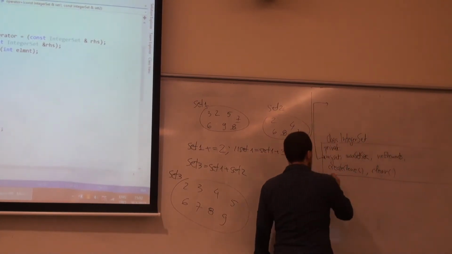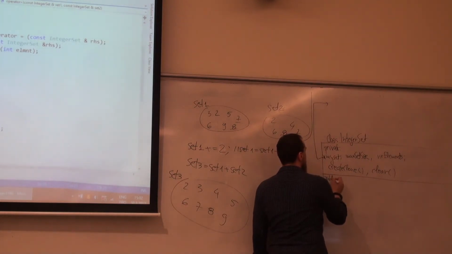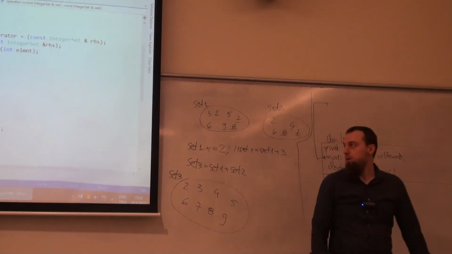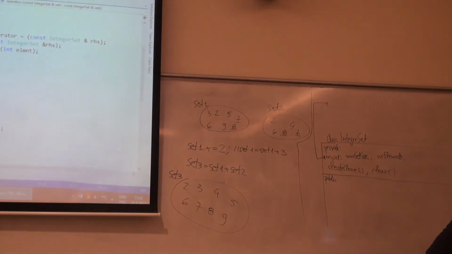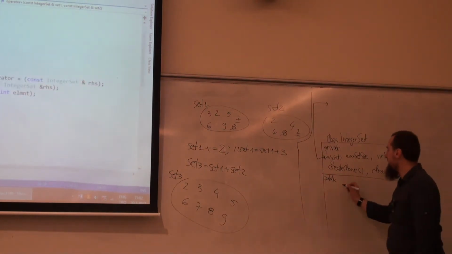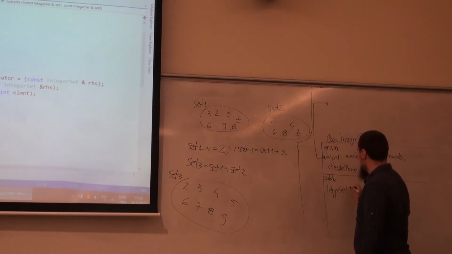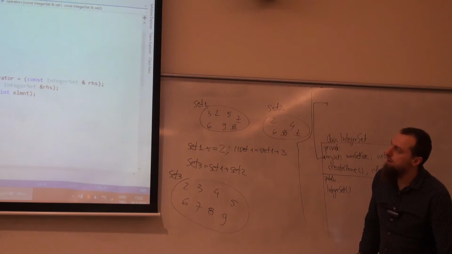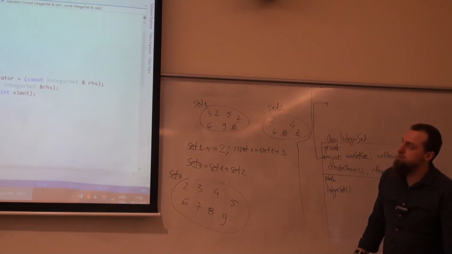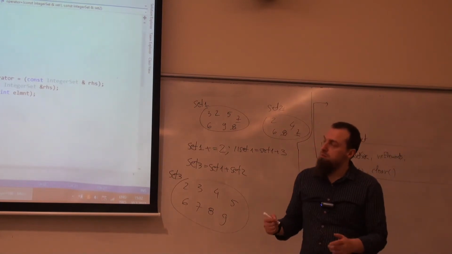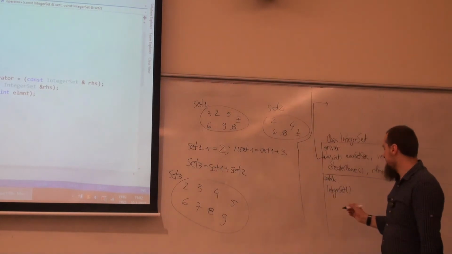Now let me go with the public part and explain functions one by one. In the public part we have IntegerSet the constructor with no parameters. IntegerSet, this is another constructor, but it takes an integer parameter.